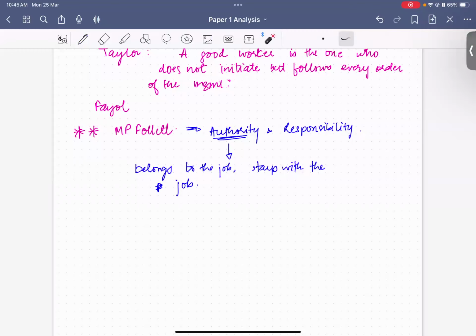It is the job that gives you the authority, it's not the person. If I am at a particular job and I have that authority, and tomorrow I'm not a part of that job anymore, my authority is gone, because that authority has stayed with the job. If somebody else comes in that place, you will have to listen to them. So this is called functional authority.